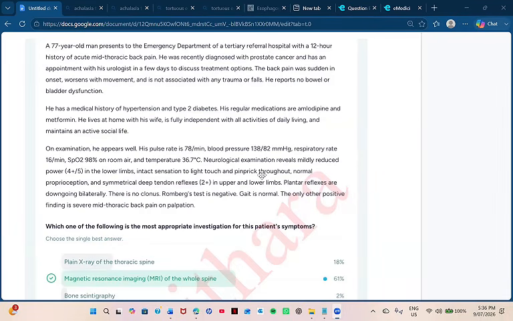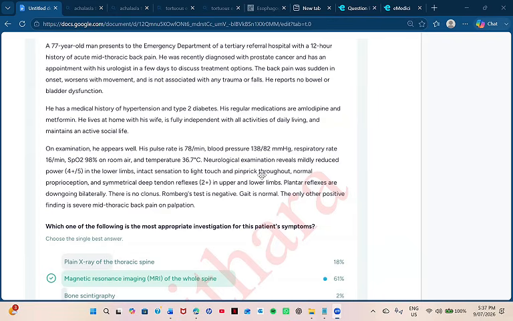He reported no bowel or bladder dysfunction. He has a medical history of hypertension and type 2 diabetes, and his regular medications are amlodipine and metformin. He lives at home with his wife, is fully independent with all activities of daily living, and maintains an active social life.